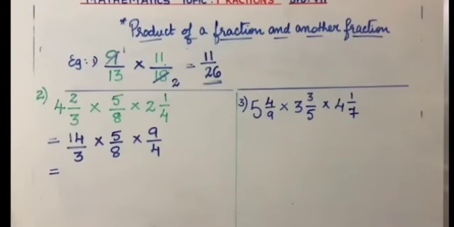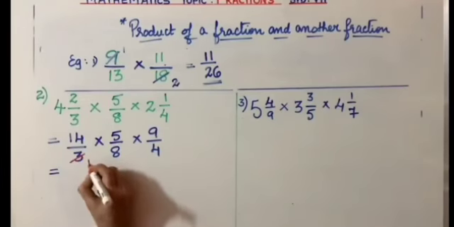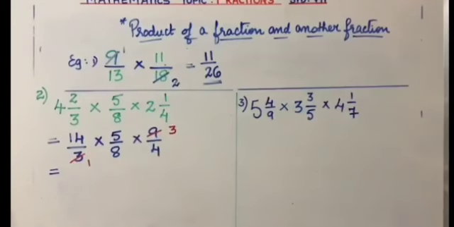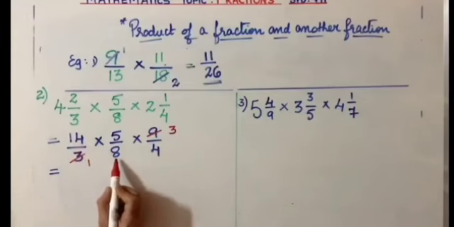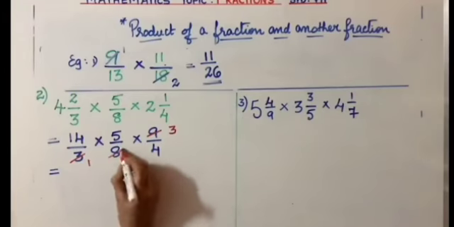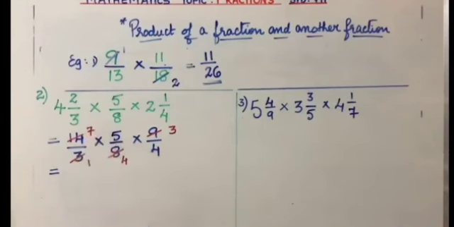Now you can see here, we can cancel 3 ones and 3 threes. Agreed? Next, you can cancel 14 with either 8 or with 4. You can choose any one. Okay, so we can do 2 4s and 2 7s.